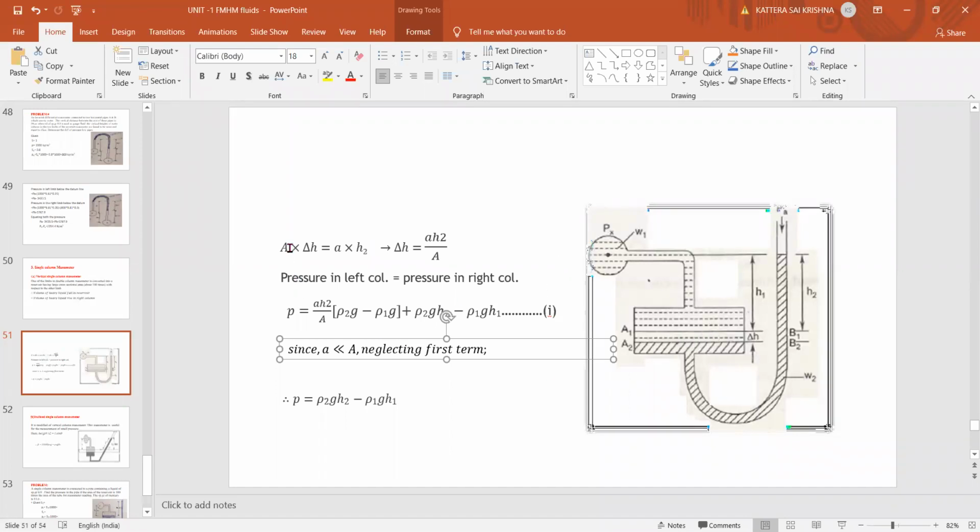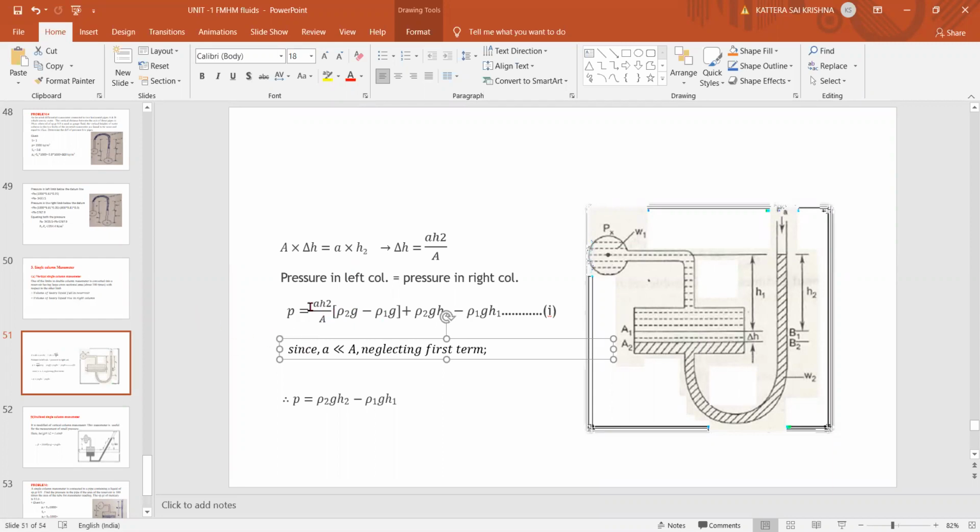Capital A is the cross-sectional area of the reservoir. Small a is the cross-sectional area of the right limb. Now for the densities: rho 2 is the density of the heavy liquid, which is the manometric fluid. Rho 1 is the density of the liquid in the pipe.